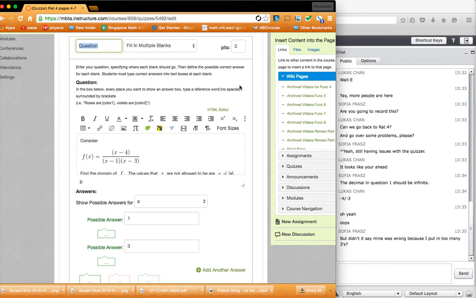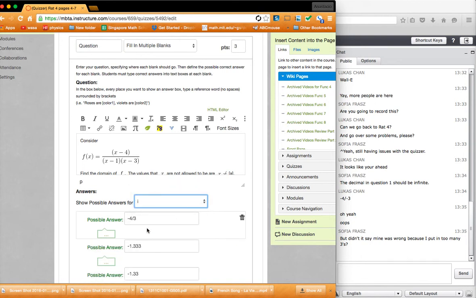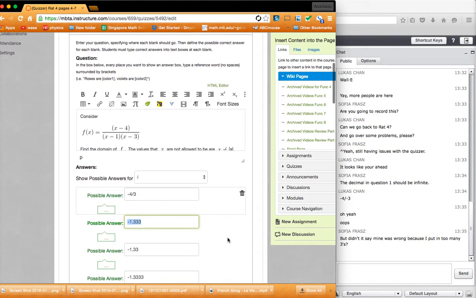Here's the problem: I need to have you guys fill in the blanks. This isn't a number that I'm telling the computer to evaluate. It's more like I'm telling the computer, if they type in exactly this, then count it as correct. But I didn't tell you how many 3s you should have written.